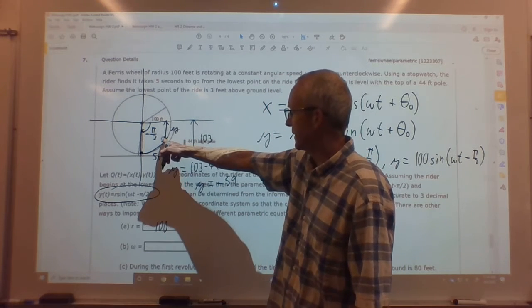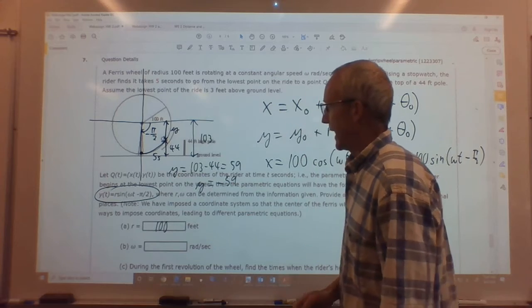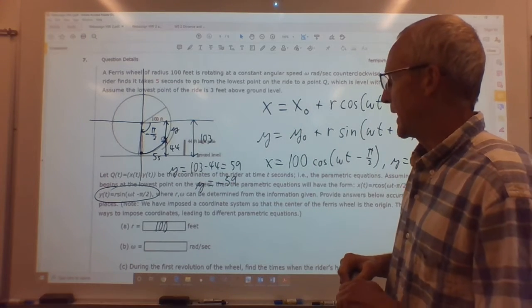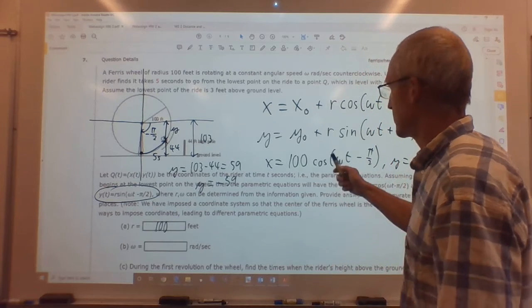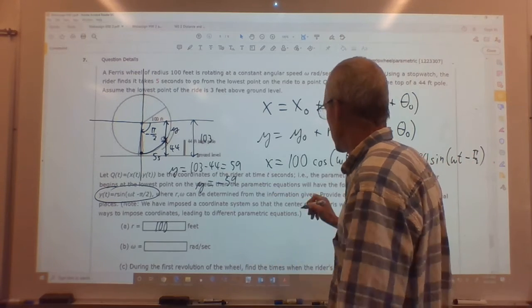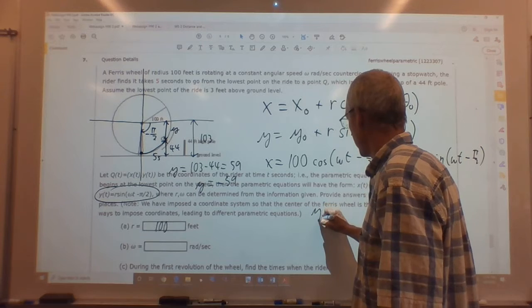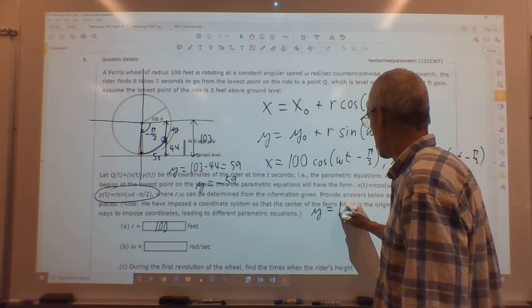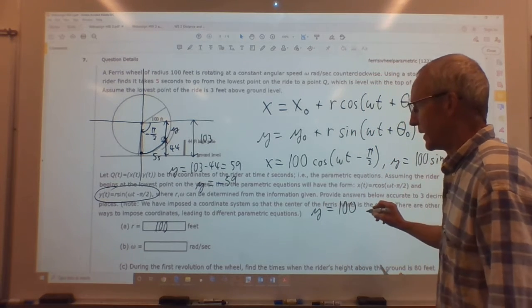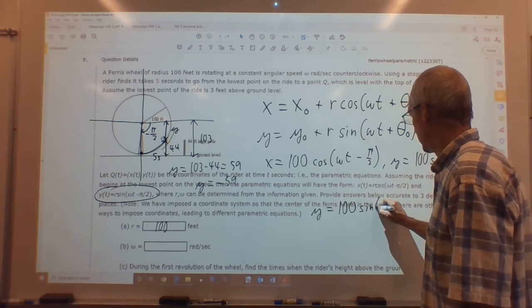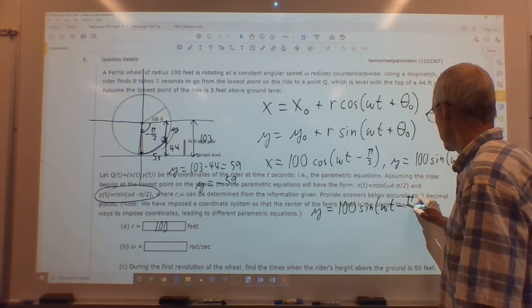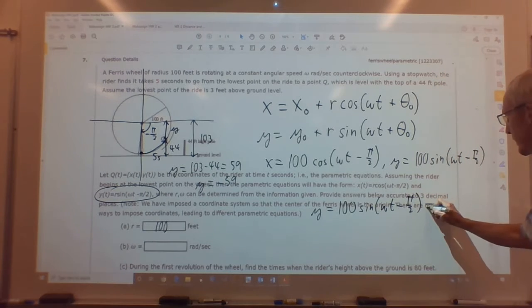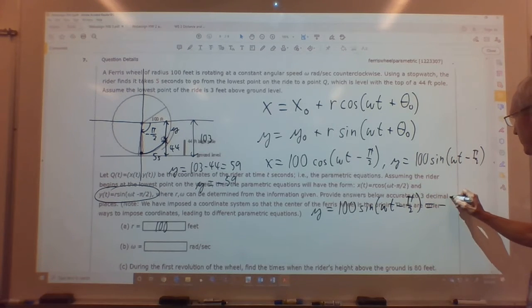When the y value is negative 59, that's when 5 seconds have gone by, and we can then figure out how fast it's going. So we use our formula for y. So y is equal to r, which is 100, sine omega t minus pi over 2. And we want to know when that's equal to negative 59.